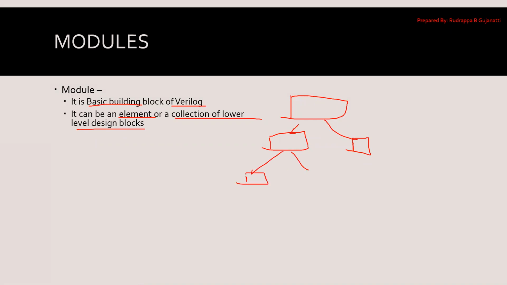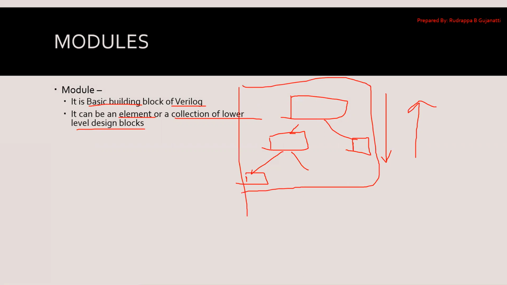So either you go with a top down approach or a bottom up approach in the design methodology. When I consider this as the entire system, it is a collection of lower level design blocks, and together they give me the entire system. That is what we define as the top level.